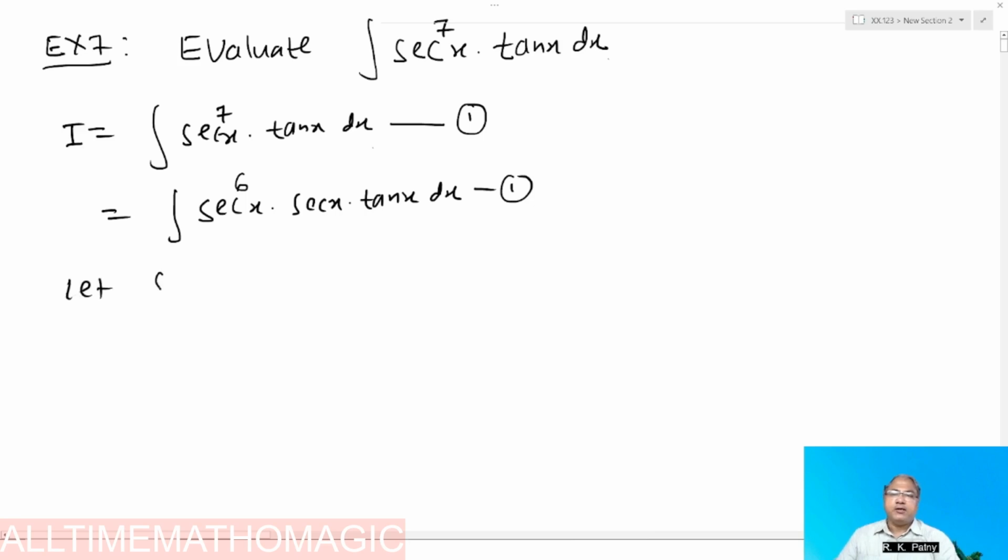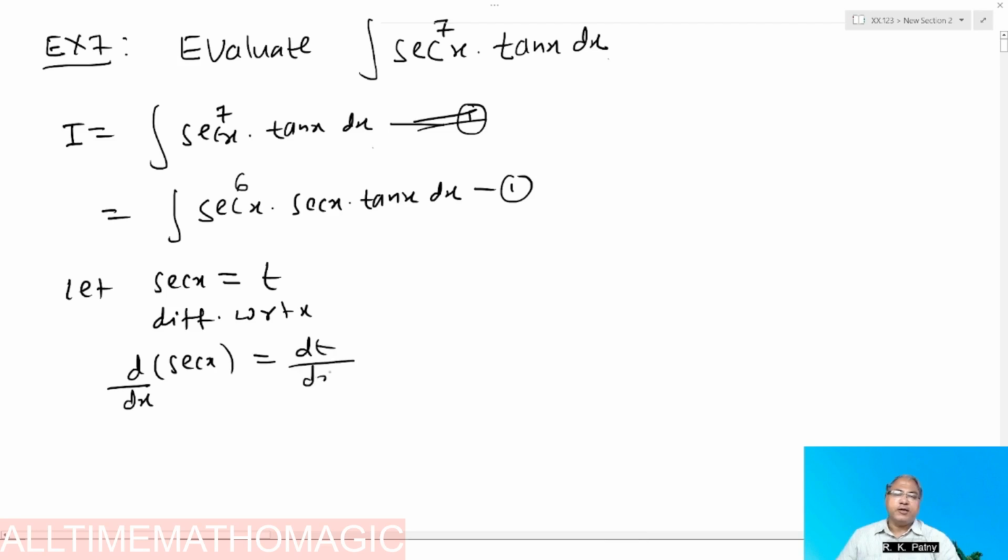Now let sec x equal t. Now differentiating with respect to x, differentiation of sec x with respect to x equals dt by dx. The derivative of sec x is nothing but sec x into tan x, equals dt by dx.